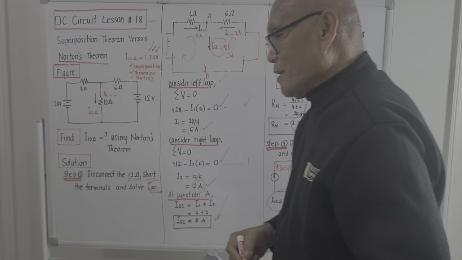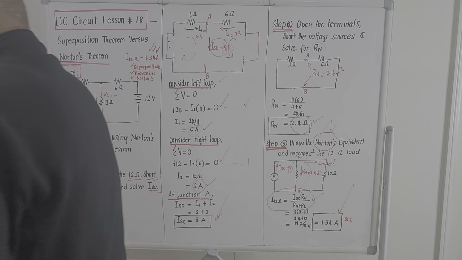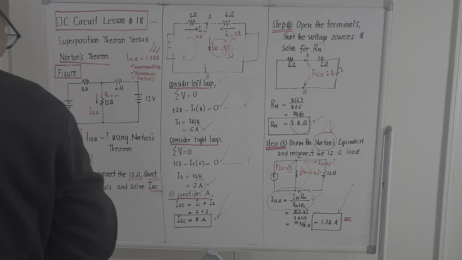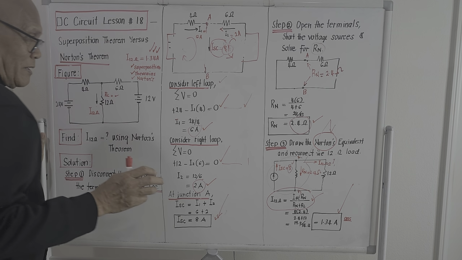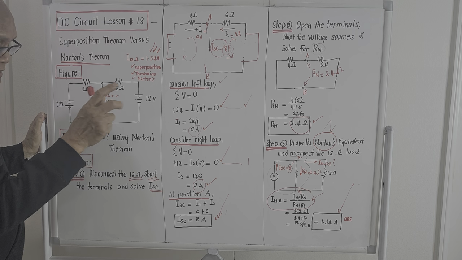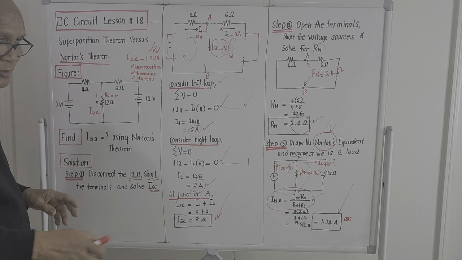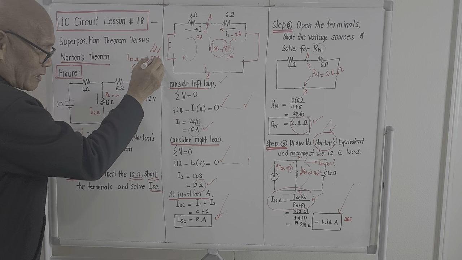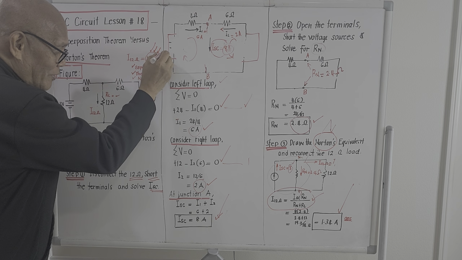Okay, that's it, guys. So actually, lesson number 18, we just fact check lesson number 16, because lesson 16 is superposition. We use the superposition theorem, and we came out with 1.34 amperes.